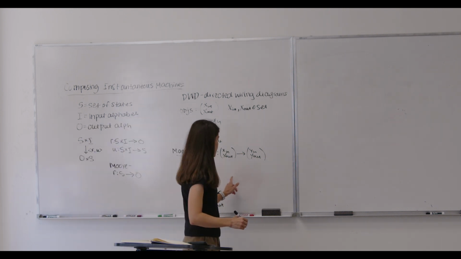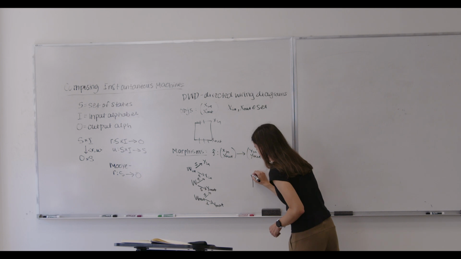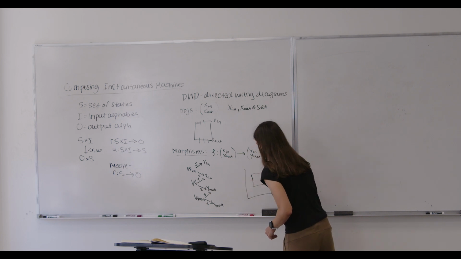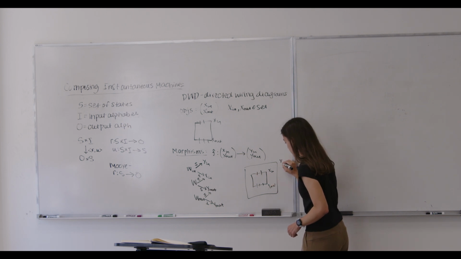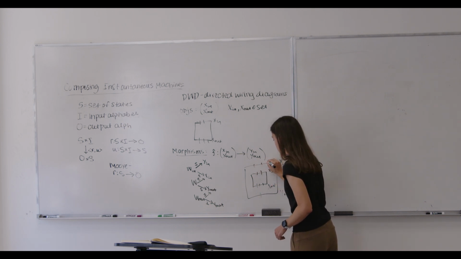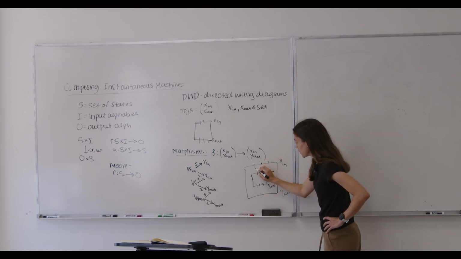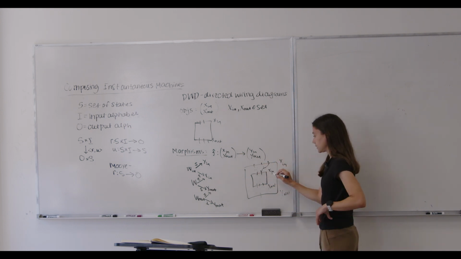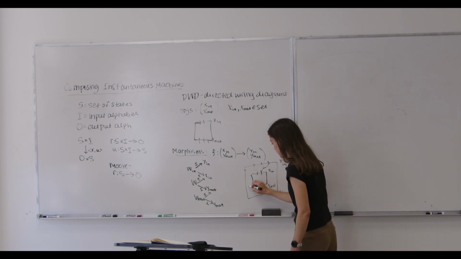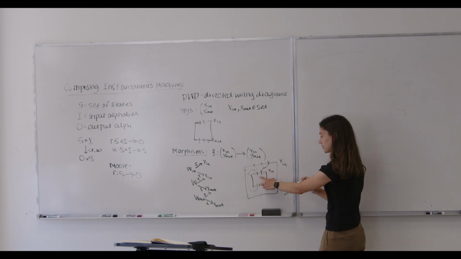And so visually, we can view this as if this is X in, this is X out. We can have some input wires like this, which go from Y in to X in. We can have some W wires, which loop back up from X out to Y in.